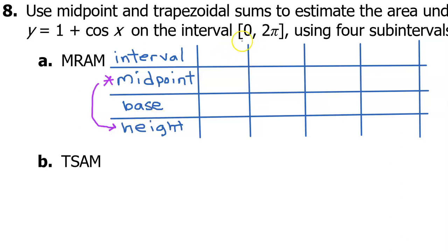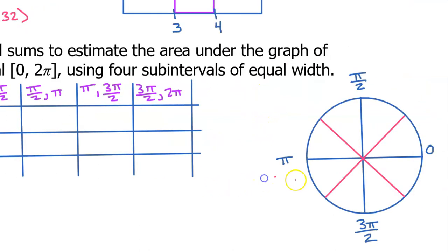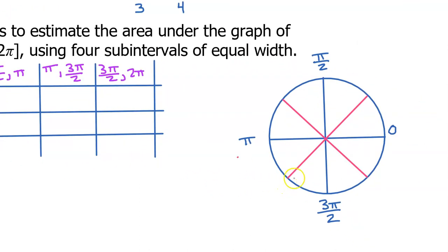So as I mentioned a moment ago, the intervals will be from 0 to pi over 2, and then from pi over 2 to pi, and then from pi to 3 pi over 2, and then from 3 pi over 2 to 2 pi. But now we need the midpoint of each interval.